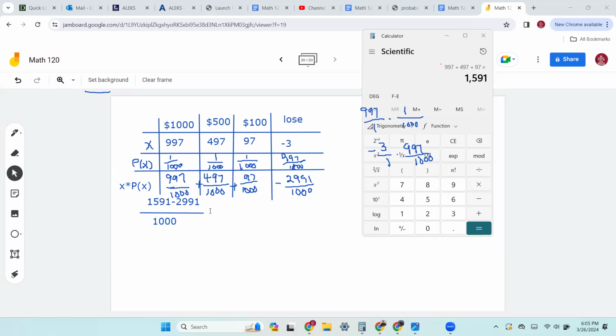So that is going to be equal to, and let me put another little fraction bar, 1591, I'm going to subtract the 29.91 from the 15.91. So that's negative 1,400 over 1,000. And now we can simplify that.